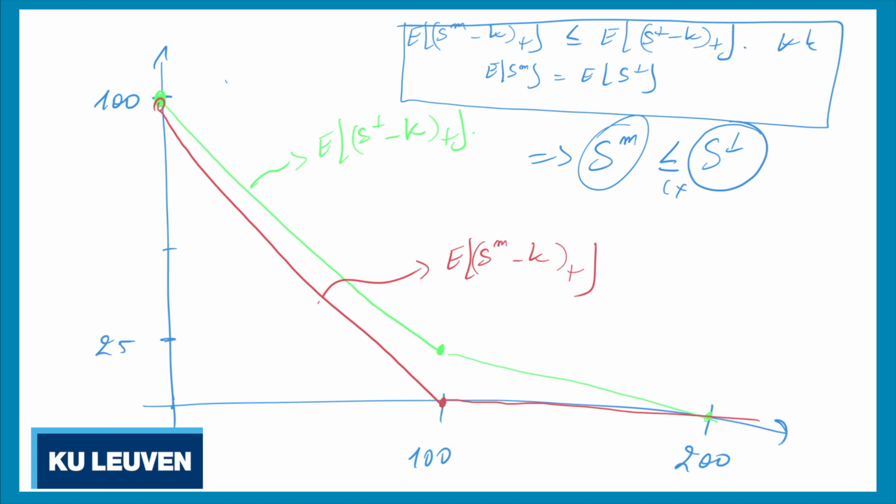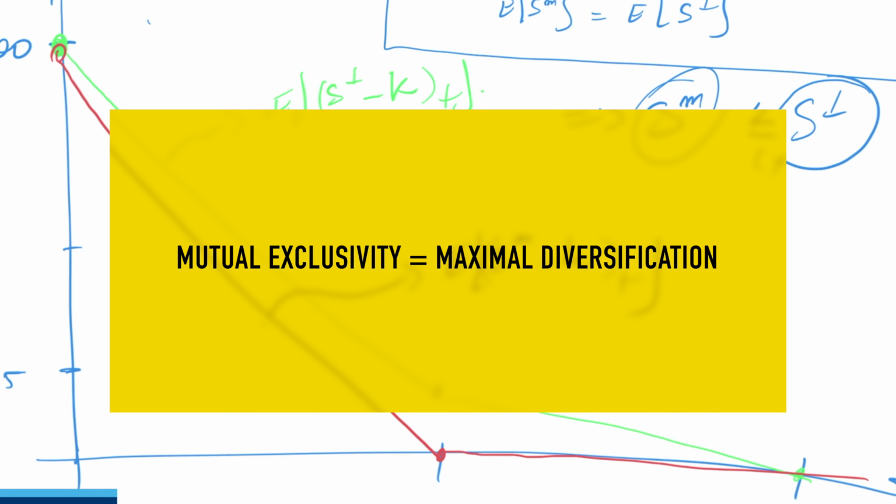There is no way that you can get X and Y at the same time equal to 100. So you're guaranteed that either you are in the bad situation for X, but that will be compensated by the good scenario Y equal to 0, or it's the other way around, Y is in the bad scenario, but then X is in the good scenario. So you prefer mutual exclusivity over independence because mutual exclusivity gives you compensation between your risks, or we also call that diversification.